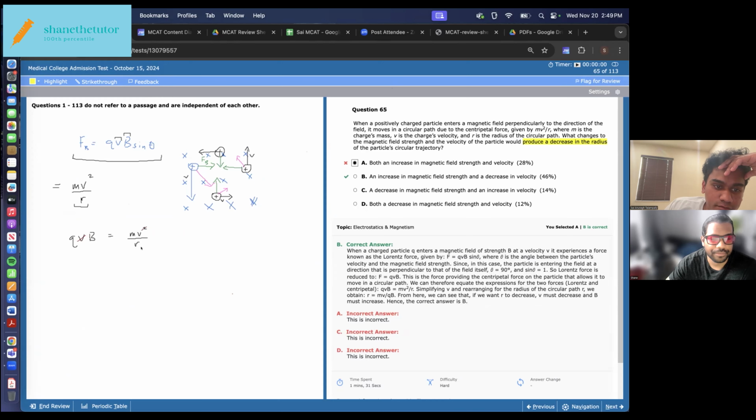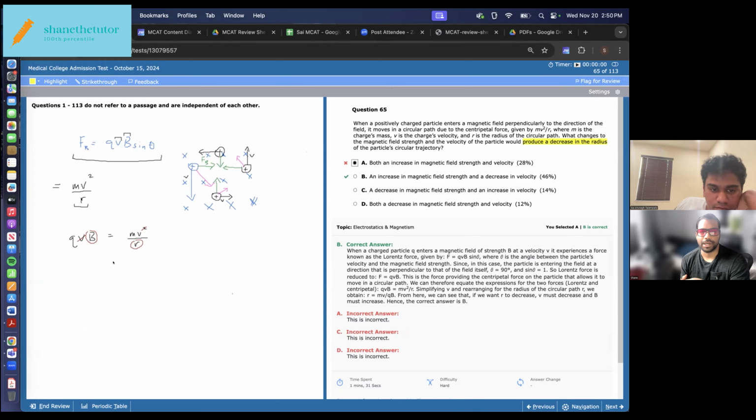What about the Q? Oh, sorry. So yeah, I initially said to solve for R, but we don't actually have to do that, because here I can just see that I can cross out the V. So I see that the relationship between the magnetic field and the radius is an inverse relationship, right?